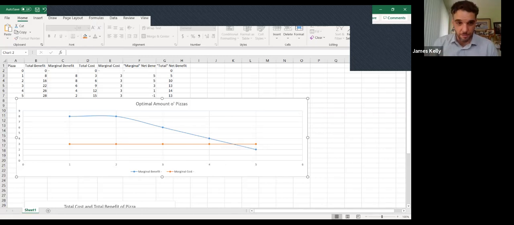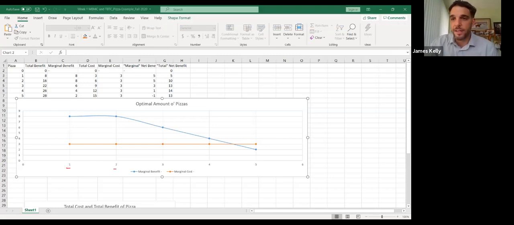It's constant. Whether that consumer purchases 1 slice, 2 slices, or 20 slices, it doesn't matter. They can't influence the price. So the price to the consumer of a piece of pizza is equal to their marginal cost, which in this case is $3, and it's constant. It's not like the more you buy, the bigger discount you get. We're making the assumption that the price stays constant.